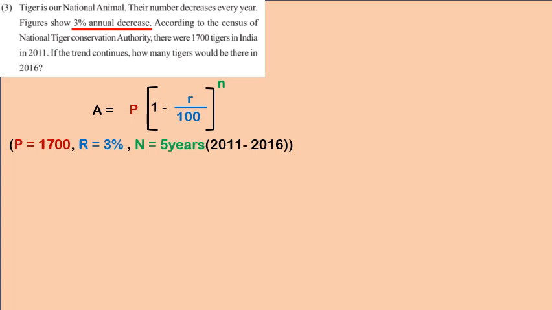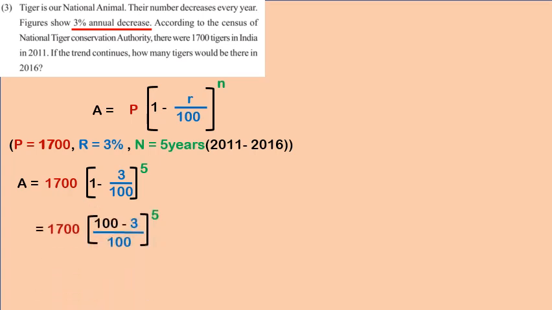Then substitute to the formula, we will get 1,700 into 1 minus 3 by 100 all raised to 5. It can be written as 1,700 into 100 minus 3 by 100 all raised to 5, which is equal to 1,700 into 97 by 100 all raised to 5.